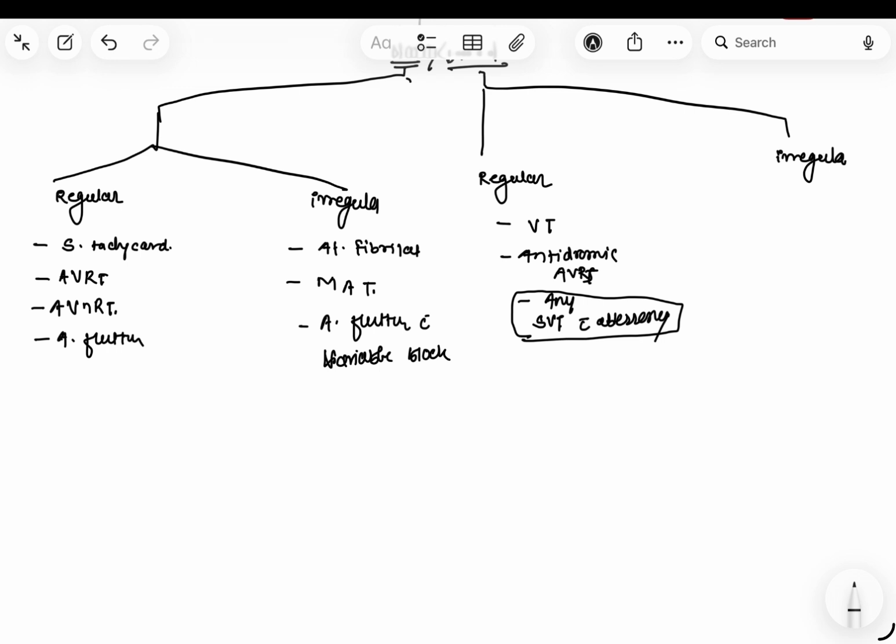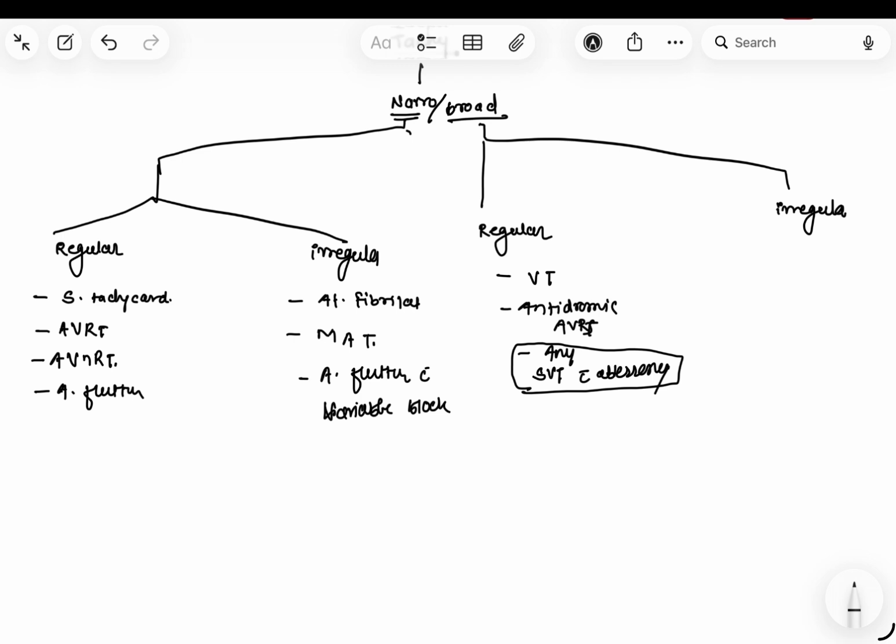So this is important because in a question you will be asked to identify the wrong statement. They will give a statement like SVT will always come with a narrow QRS complex, and you have to identify whether it is right or wrong and make it right. Then what about the irregular one? There is polymorphic VT.